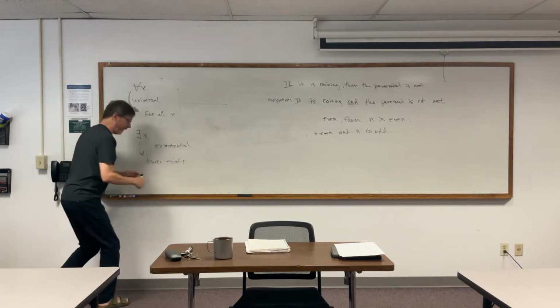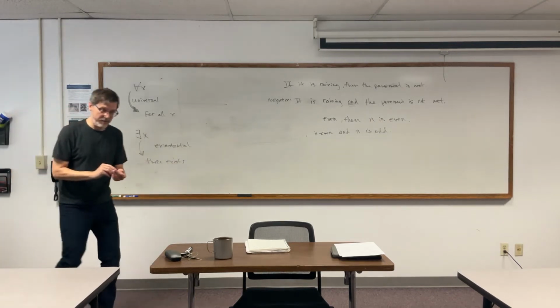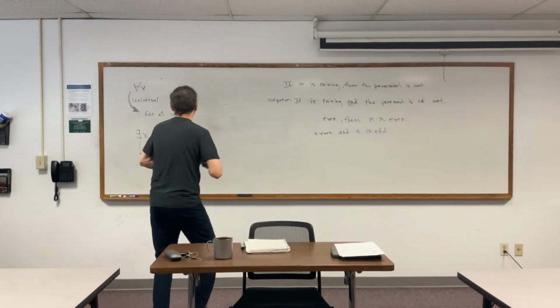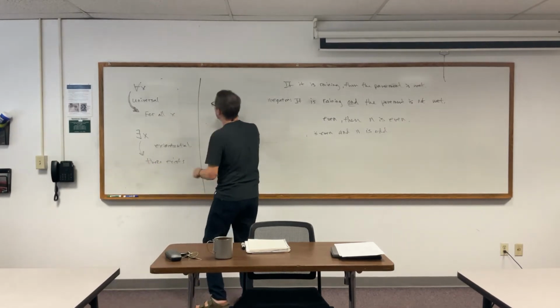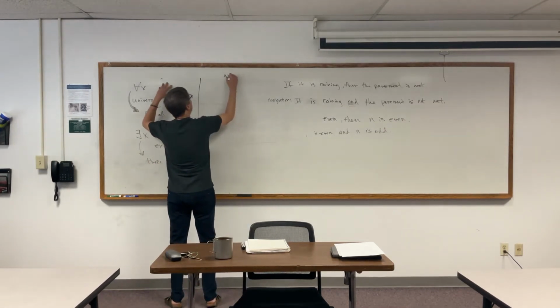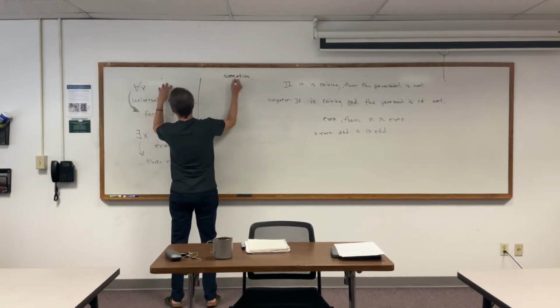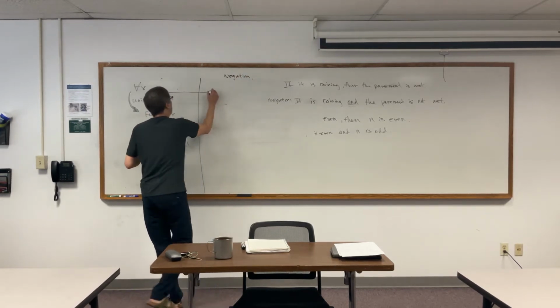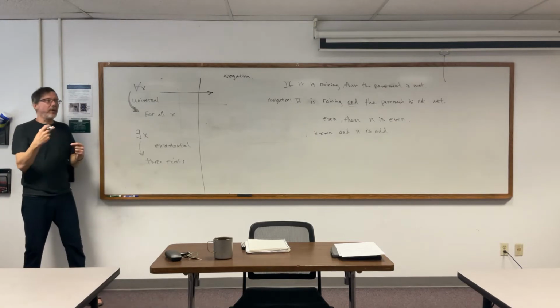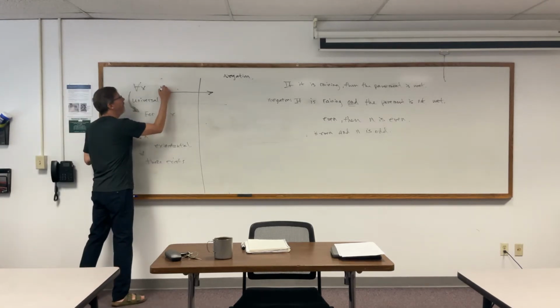So I want to negate these things, and I want to do it with a better pen. This pen is a little faded. That's a little bit better. So here's the negation over here. If I want to negate a statement that's saying for all, how about this? We say for all x something is true.